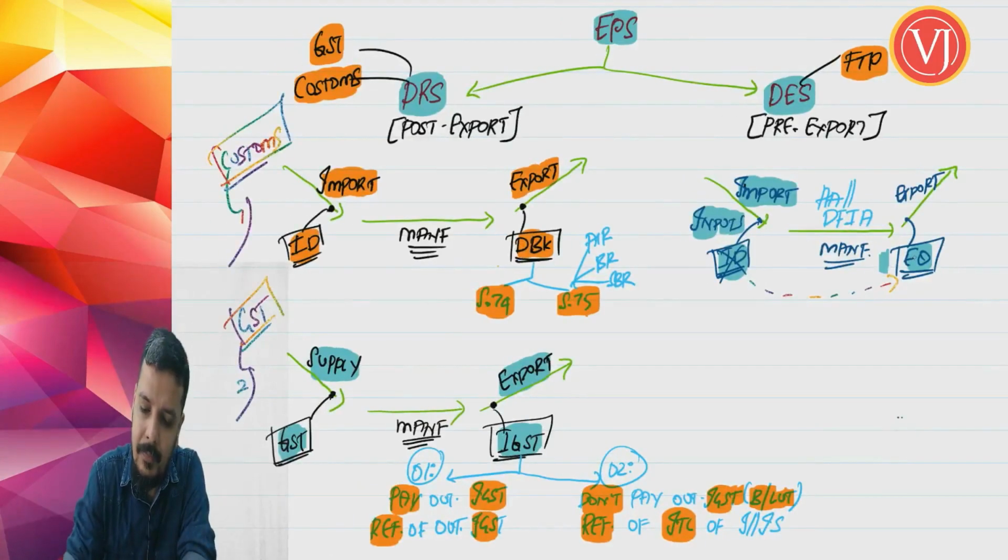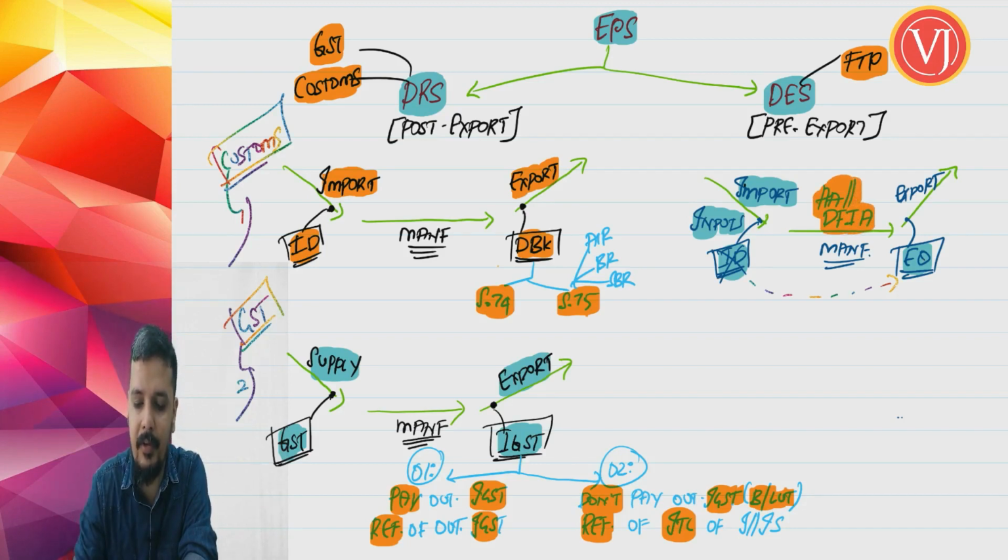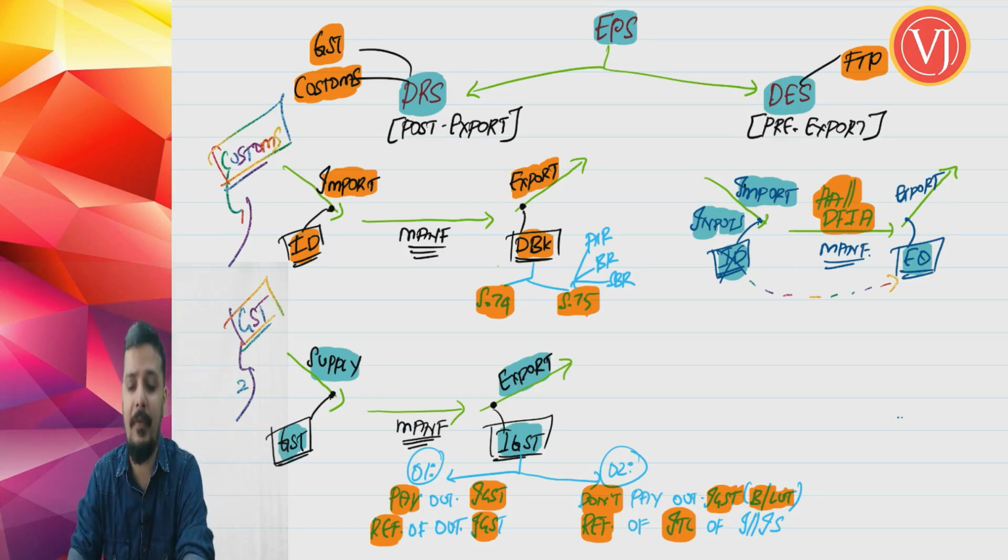You are talking about your export obligation to be discharged. You have to promise some exports. So there will be bond or bank guarantee. Right? How this is happening, friends? This is happening by way of your advance authorization or duty free import authorization, which is for inputs. Now friends, this import can also be of capital goods.